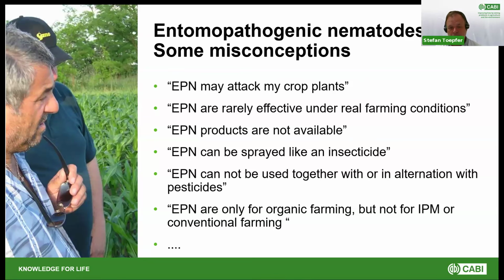EPN can be sprayed like an insecticide. EPN cannot be used together with a synthetic pesticide or in alternation with pesticides. EPN are only for organic farming, not for IPM and not for conventional farming. And there are many other misconceptions, and there's also some misunderstandings. Certain things are not clear. So we will try to solve some of these issues here today in the webinar.